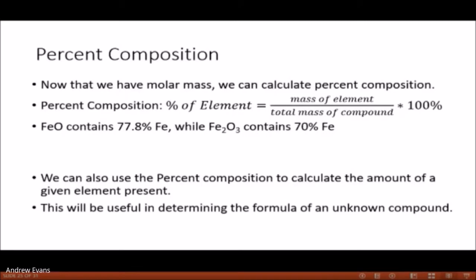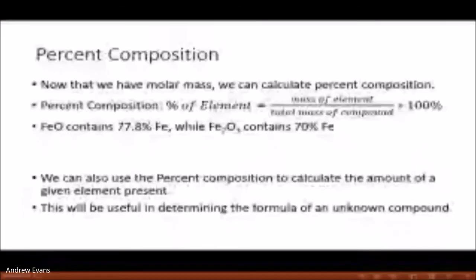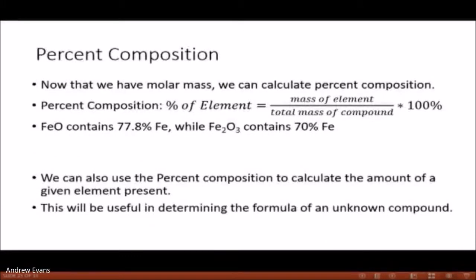So for every 1 iron, there's 1.5 oxygens. So it weighs a little bit more, so iron makes up a little bit less of a contribution. That 2-to-3 ratio. You can also use this percent composition to calculate the amount of a given element present. So if you know the percent composition, you can calculate the weight that element's going to give you.